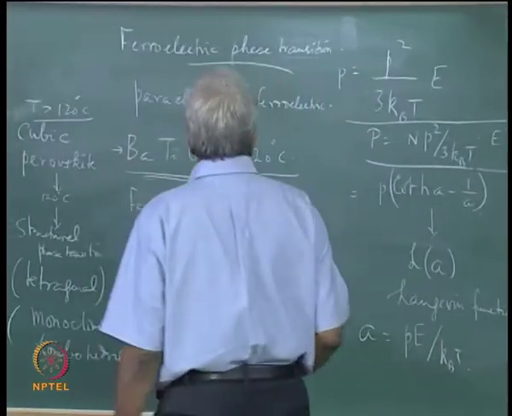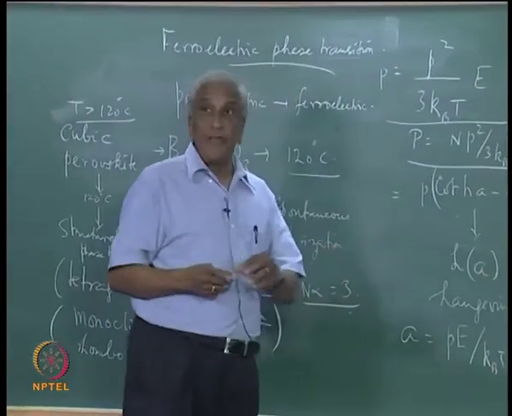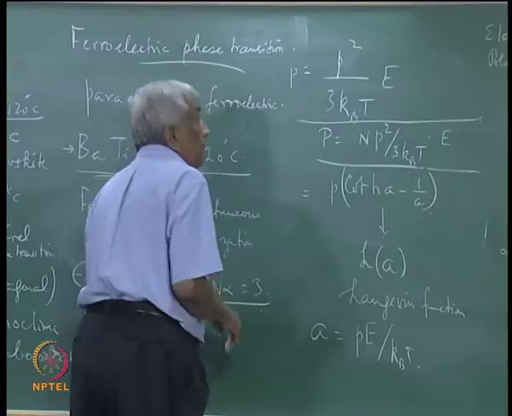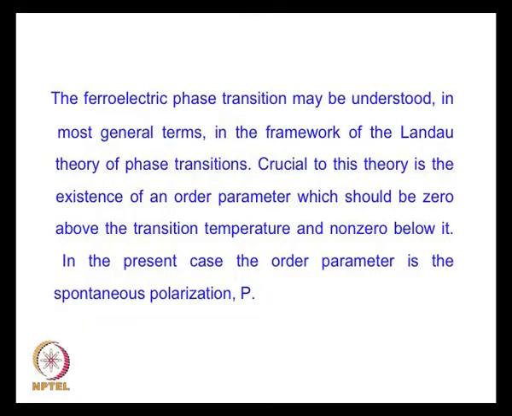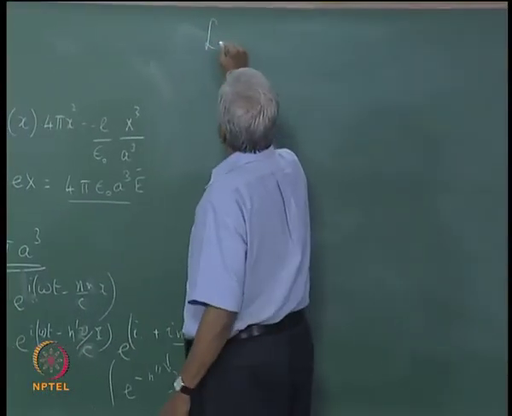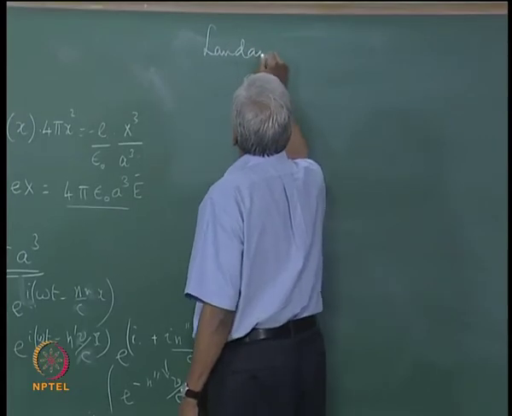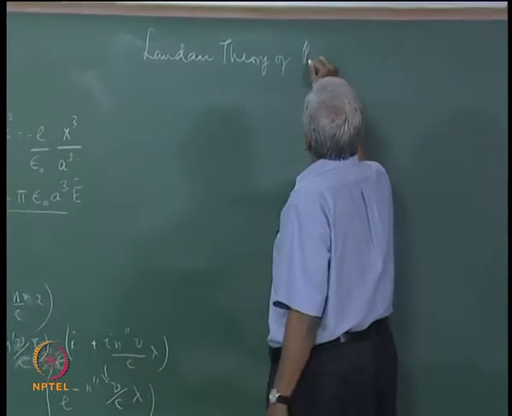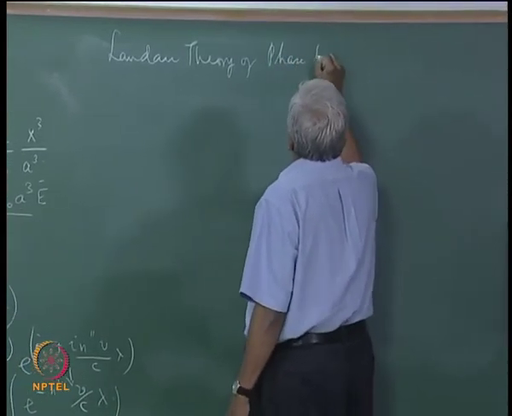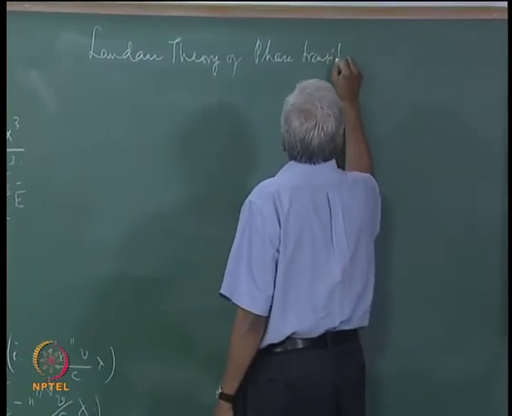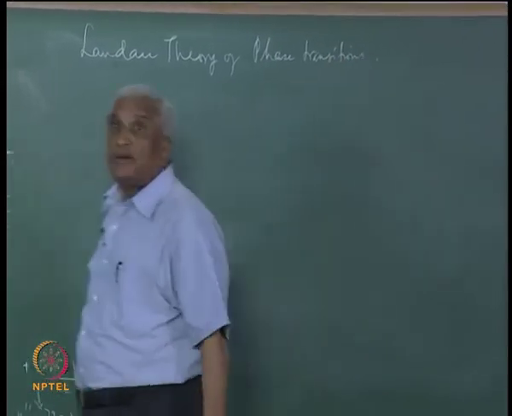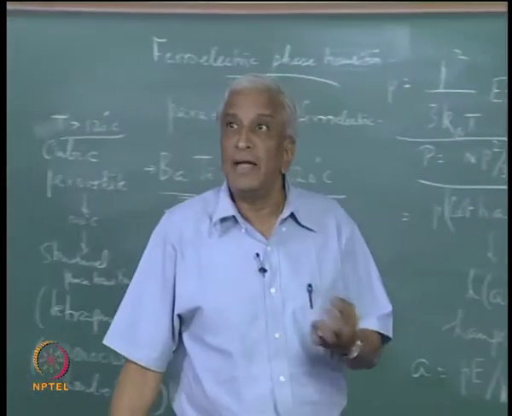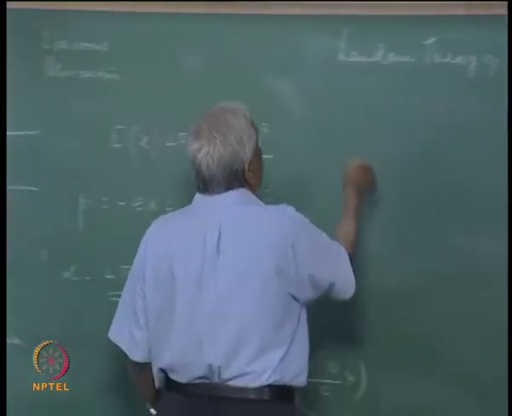Now, the general features of a ferroelectric phase transition may be understood in terms of the Landau theory of phase transitions. The general approach of Landau theory is to define an order parameter.